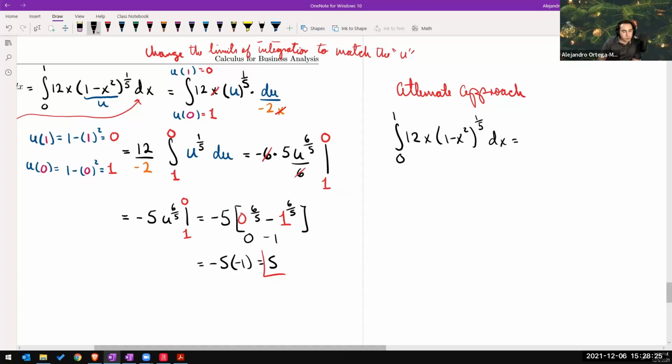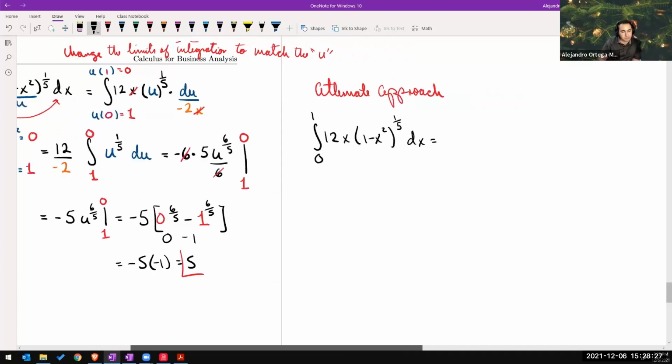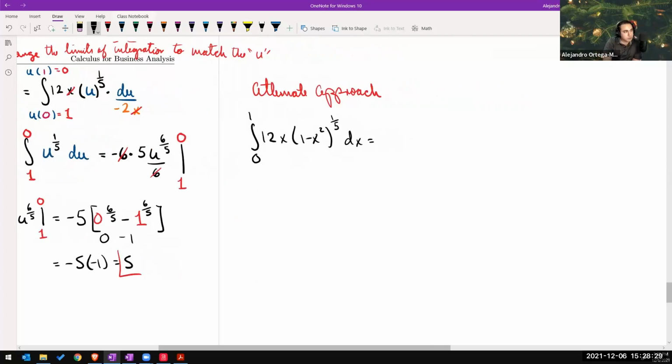Now the alternate approach pretty much continues as normal. We define the u. We get the du. And we get the dx. So nothing different there.